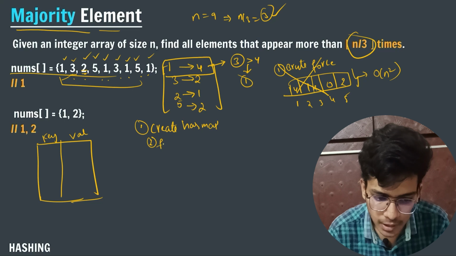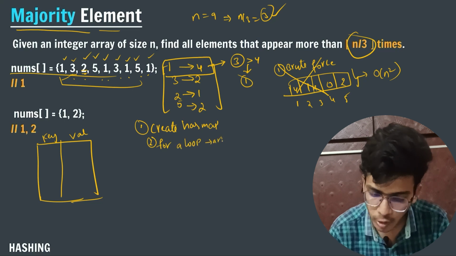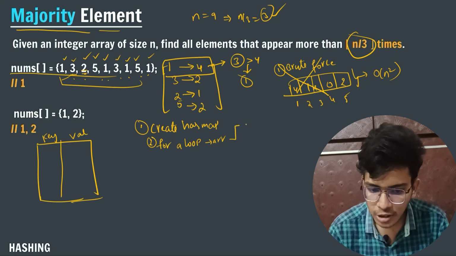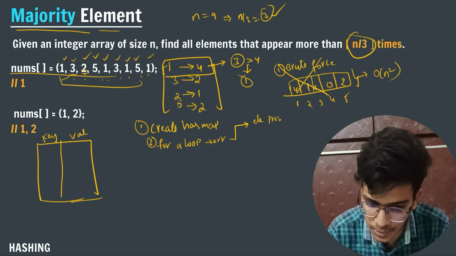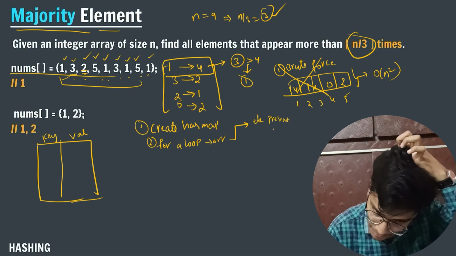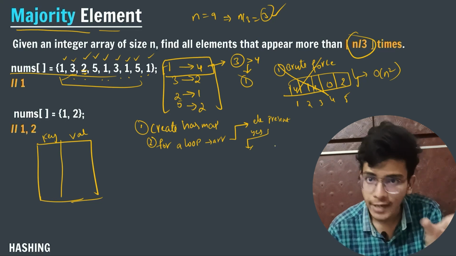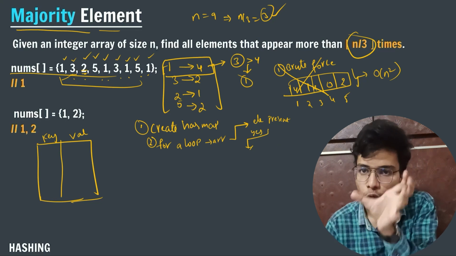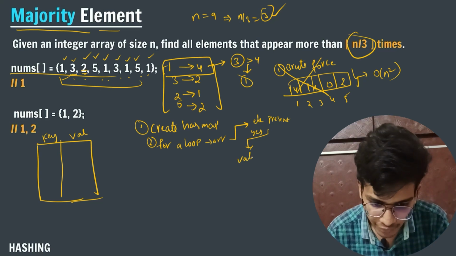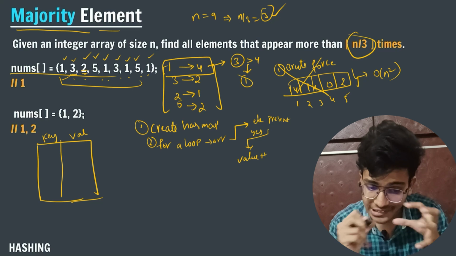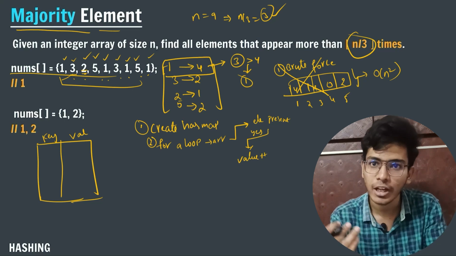The second step will be to run a loop over my array. I will check whether that particular element is present in my hash map or not. If it is present, then I will have a corresponding value, so I will increment that value by 1.